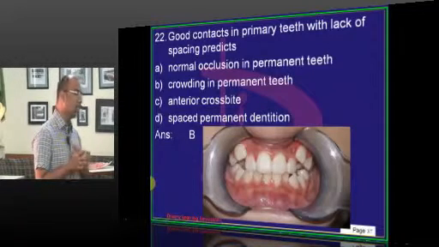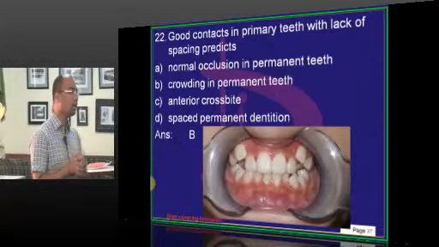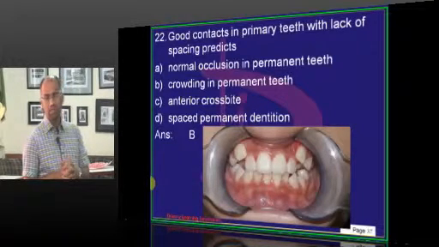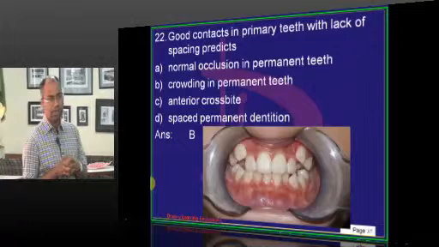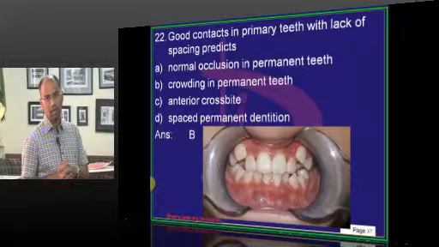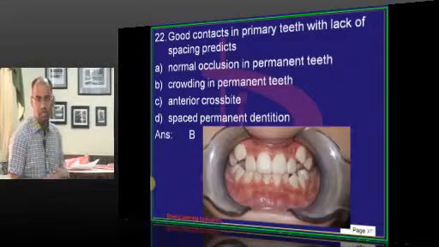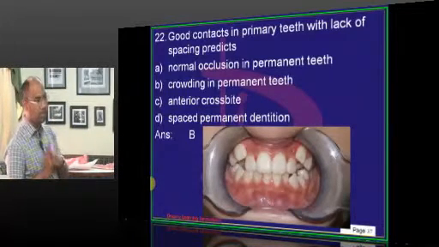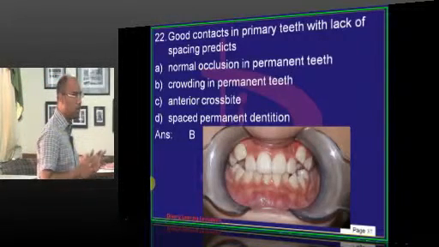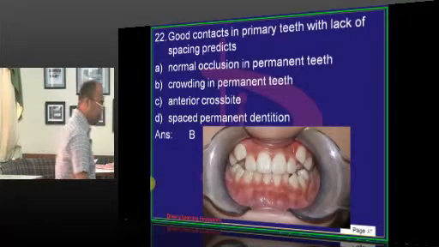If there is spacing in the primary dentition, which is referred to as physiological spacing or anthropoid spacing, it is absolutely normal, because the mesiodistal width of the primary teeth is less when compared to that of the permanent teeth. Okay. So if the contacts are tight and there is lack of space in the primary dentition, 100% there will be crowding in the permanent dentition. So spacing in primary dentition is acceptable and it is physiologic spacing.